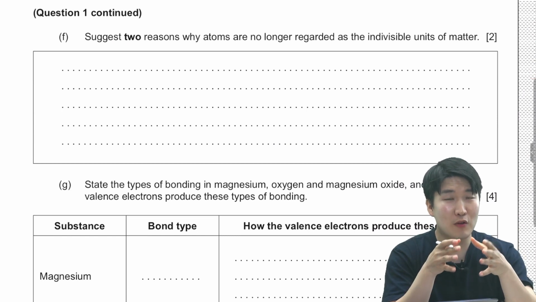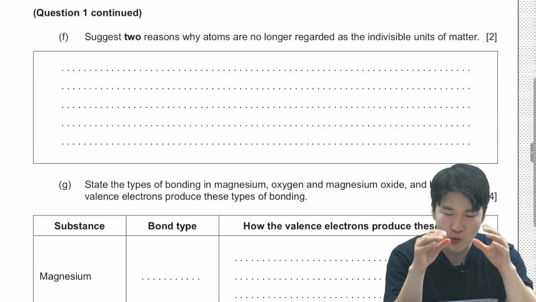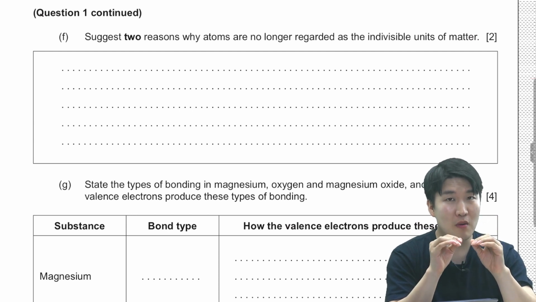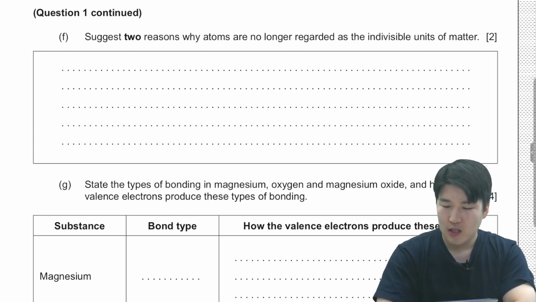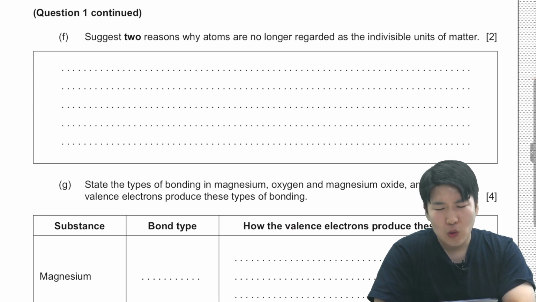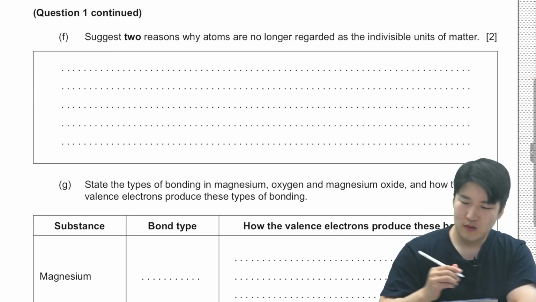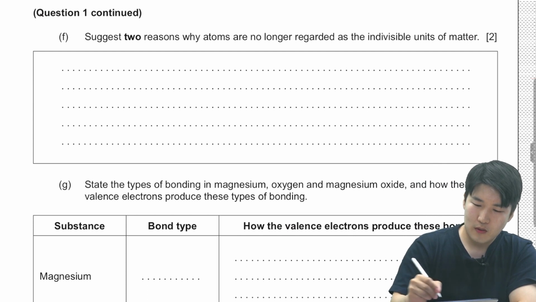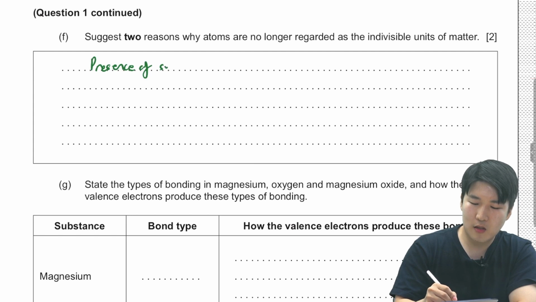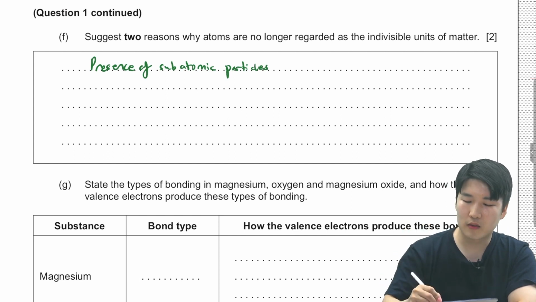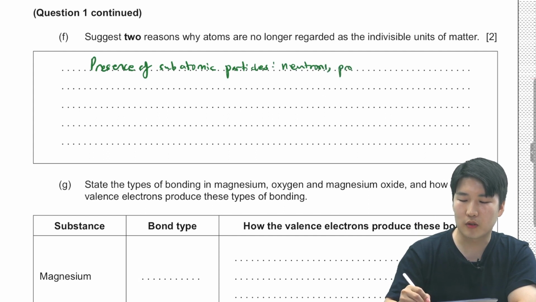We have talked about subatomic particles, and we're going to use the concept of subatomic particles to explain why atoms are no longer indivisible units. Firstly, presence of subatomic particles. Let's specify what they are. Neutrons, protons, and electrons.